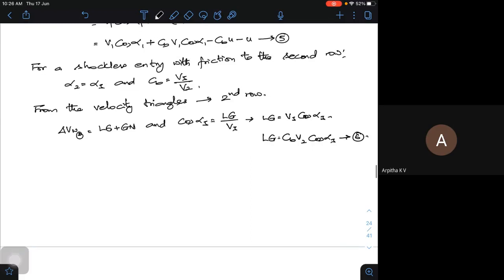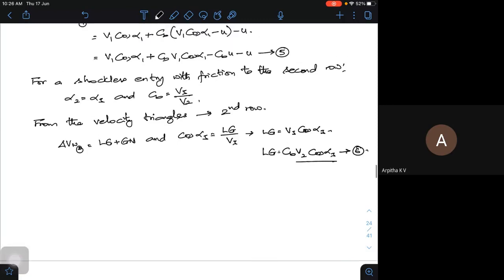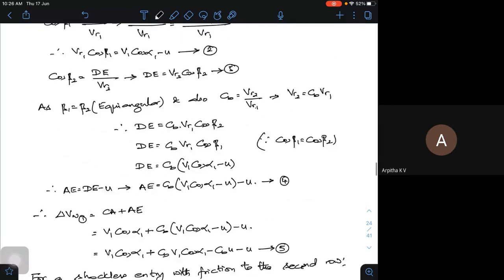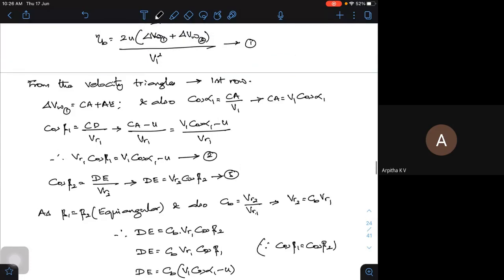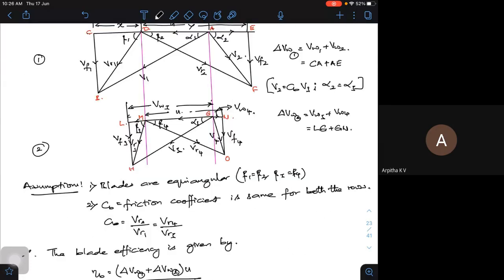Okay. Now, what is this V2 into cos alpha 3? Now, I told that your alpha 2 is equal to alpha 3. Just go back here, alpha 2, where is it? That means your alpha 2 is equal to alpha 3.